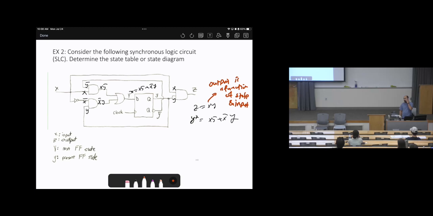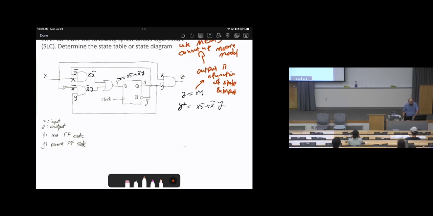We cannot use the Moore model. When you draw the state diagram, when you do the state table, I encourage you to use the generalized table. Okay? So now we have the equations: Z equals XY, Y star equals X Y bar plus X bar Y.